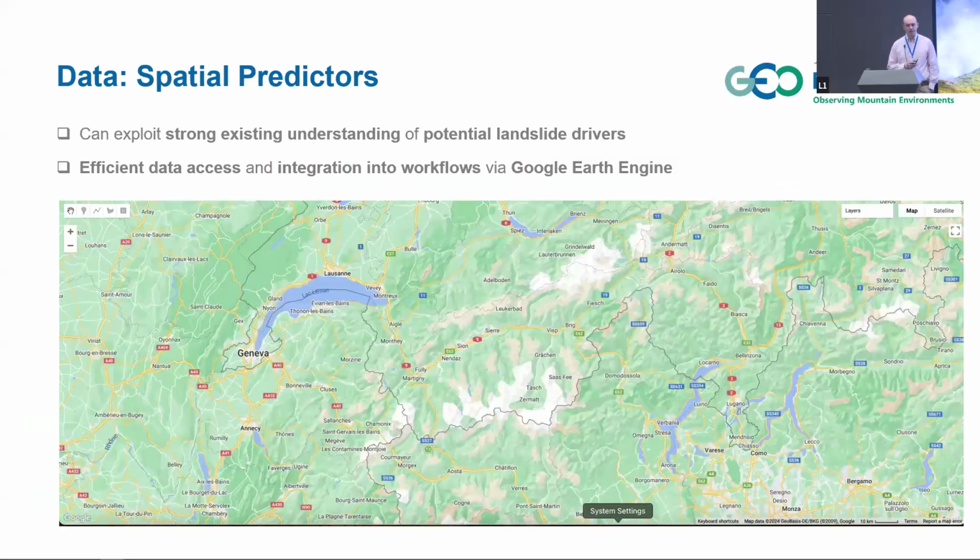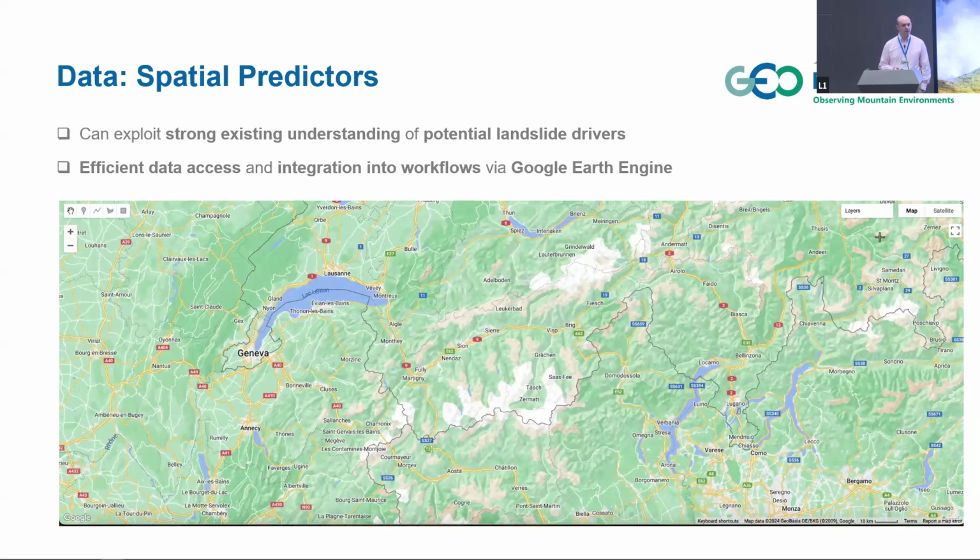A real strength of Google Earth Engine is that we can very easily extract and start processing and working with large high-resolution data sets. And of course, we can also exploit quite considerable theoretical understanding of which factors or drivers influence landslide or mass movement occurrence.